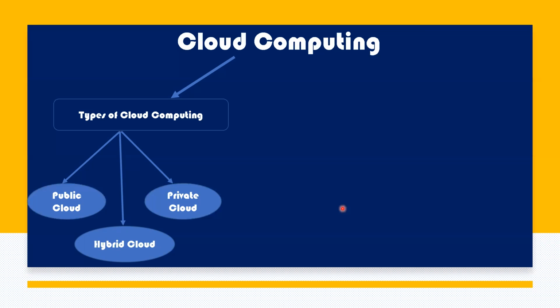They may keep it on their premises, in their own cloud. The public cloud they can use for the user interface, the front-end application. Both are used, so it is called the hybrid cloud. So these are the types of cloud computing available: public cloud, private cloud, and hybrid cloud.